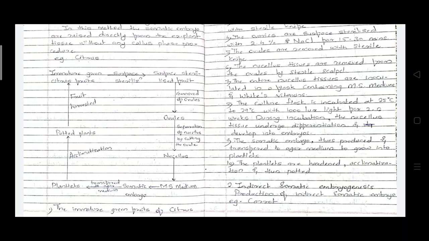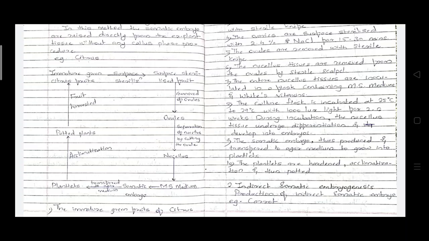Then this somatic embryo is transferred onto agar medium so that we can get plantlets. These plantlets are transferred after sufficient development of root and shoot.